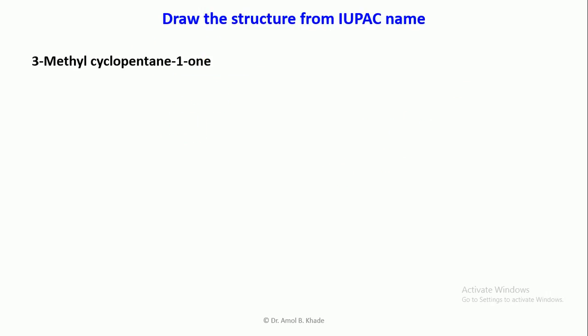now you can try this structure, 3-methyl cyclopentane 1-one. One means it is a ketone, and there is a substituent at carbon 3 and it is a cyclic structure. It is a pentane, so you can draw a cyclic structure like this. It is a cyclopentane 1-one. So let's say I have attached a ketone group here, so this will be numbered as 1.